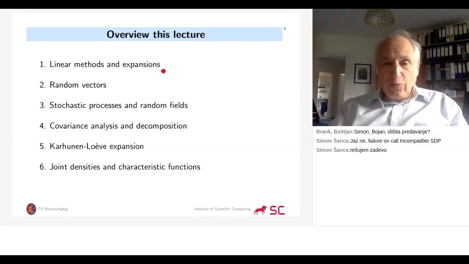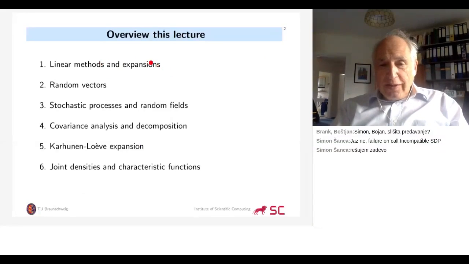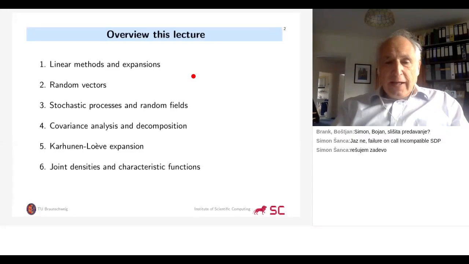So I'll remind you once more what we have been doing, linear methods and expansions, so that we work in linear spaces. Okay, we'll define what random vectors are, also random vectors in infinite dimensional spaces, which means random fields, random processes, and things like this, or other abstract random vectors. Okay, and we'll see that this is connected with linear mappings.